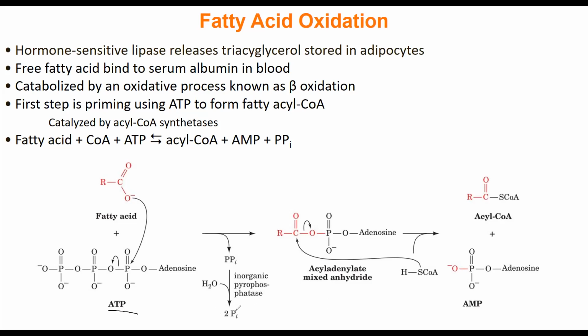We use 2 phosphates to do this process to make AMP. The idea here is we attach a fatty acid to an AMP molecule. That's what this acyl adenylate mixed anhydride is. It's just AMP plus fatty acid.